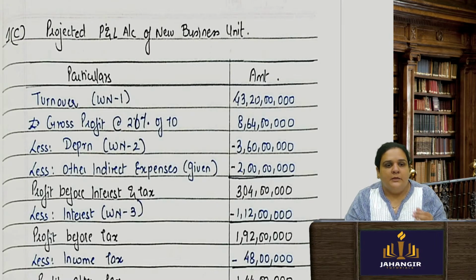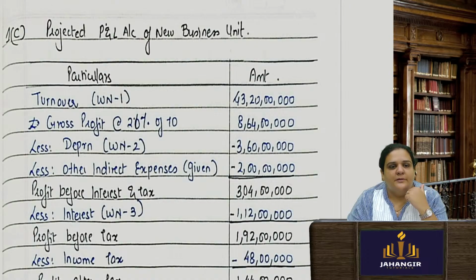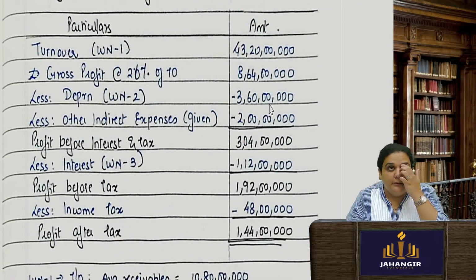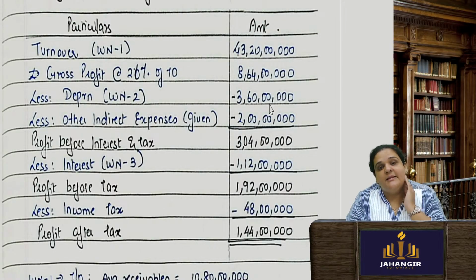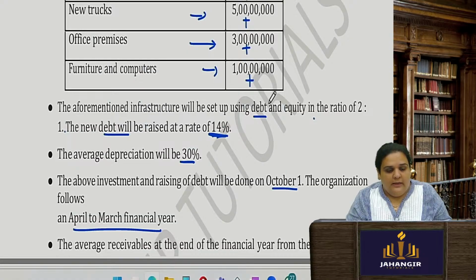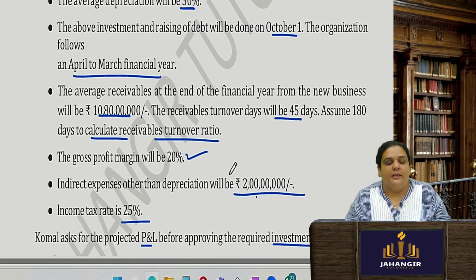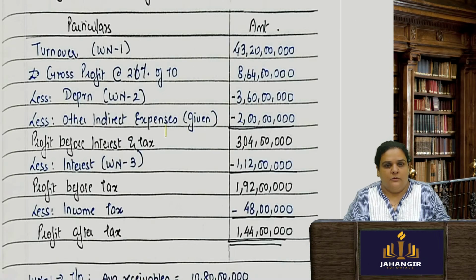Okay. So projected P&L of the new business unit. We'll have to do turnover, whatever is the turnover. That means sales, total sales minus gross profit. Have they given me the gross profit ratio? Yes, they have given me gross profit ratio also.